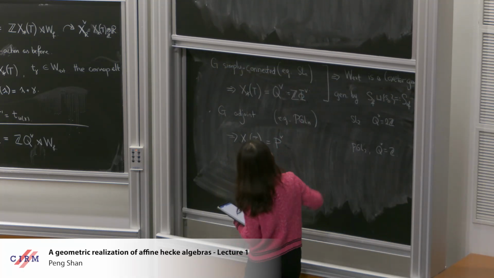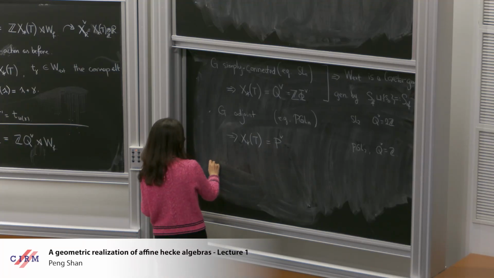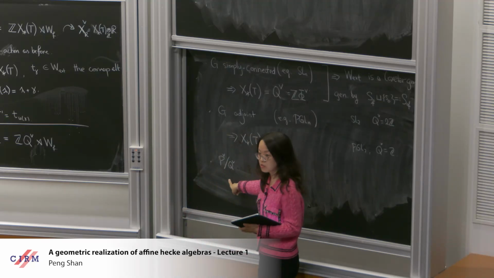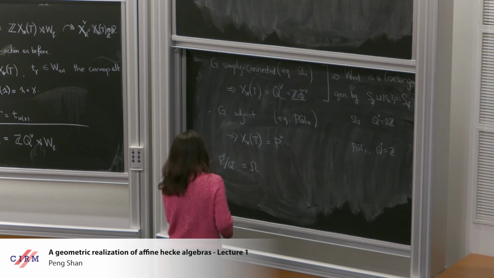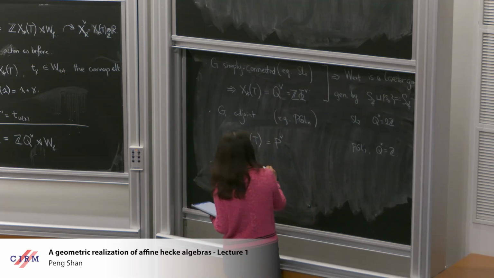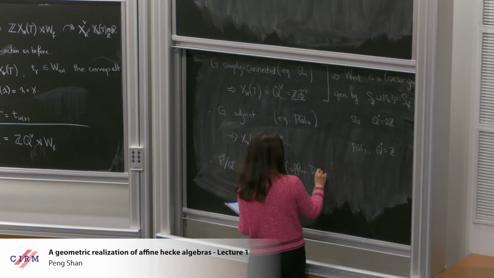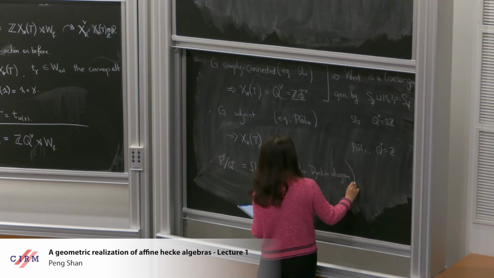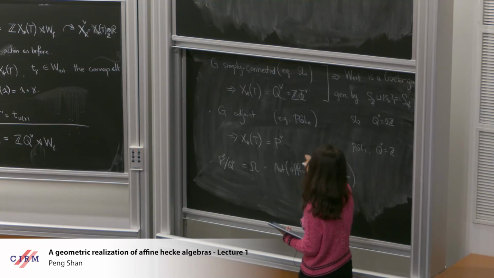All right, the quotient of P check by Q check is a finite abelian group, and it's denoted by omega. I will not explain how, but this group can be identified with the automorphisms of the affine Dynkin diagram attached to this affine group, but you can ignore this part.